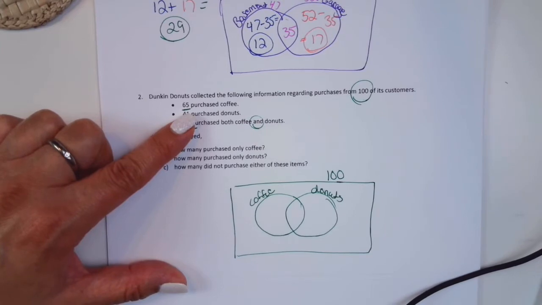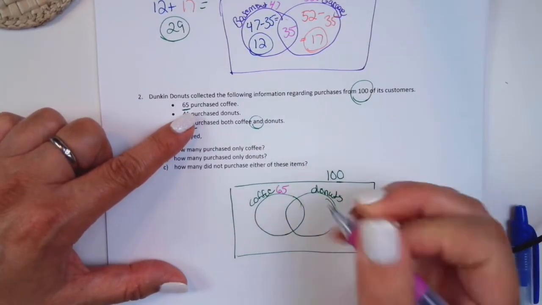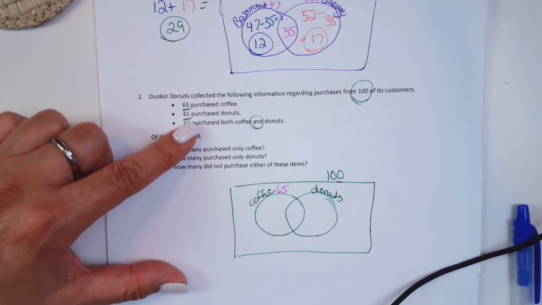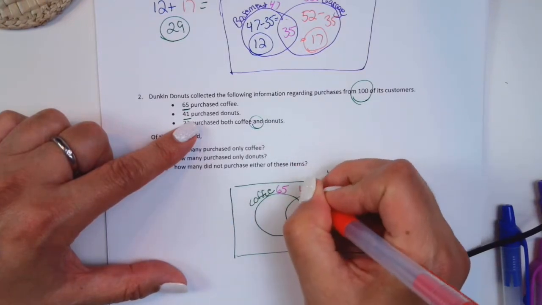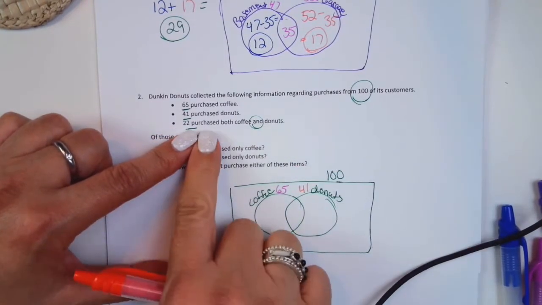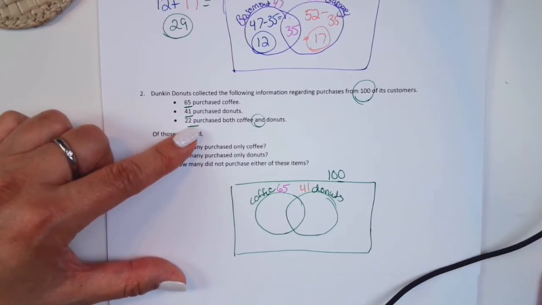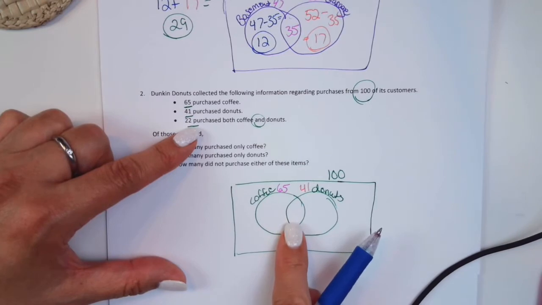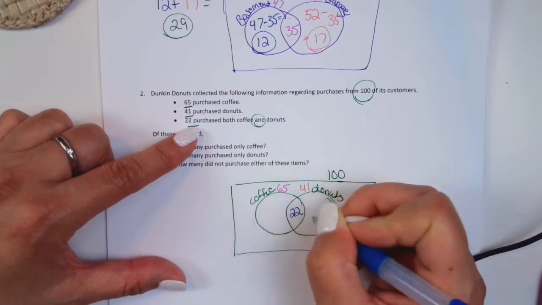So 65 purchased coffee. I'm going to write the 65 next to the coffee. We have 41 purchased donuts. And 22 purchased both coffee and donuts, so 22 would be the intersection over here.